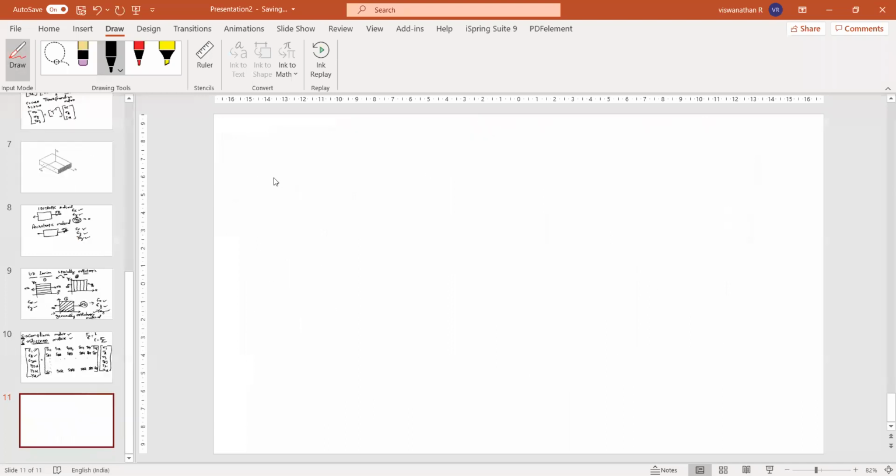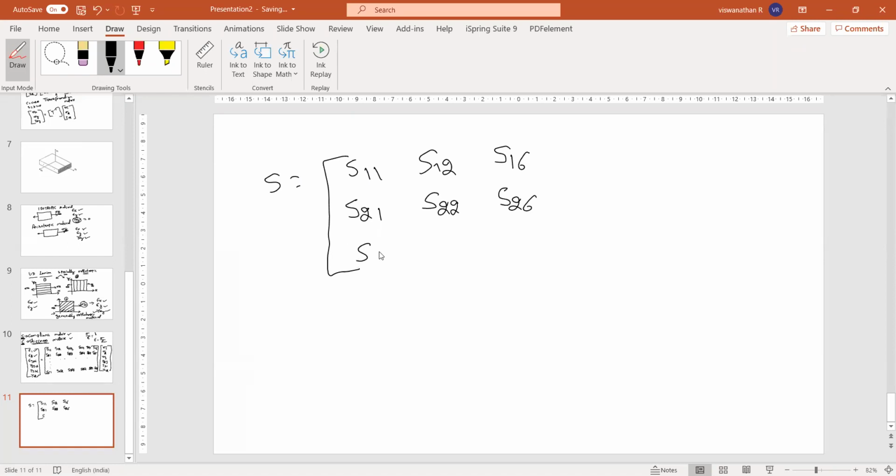So what we got was the compliance matrix for a UD lamina. We write it as S11, S12, S16, S21, S22, S26, S61, S62 and S66.